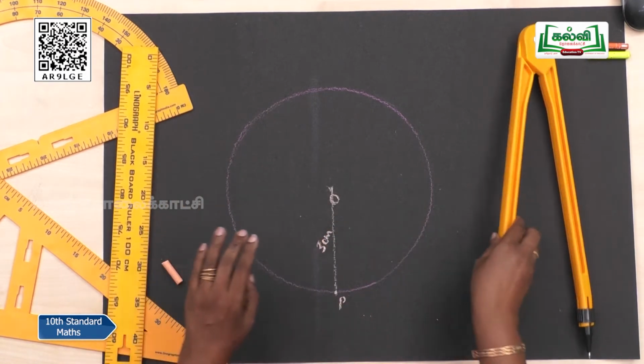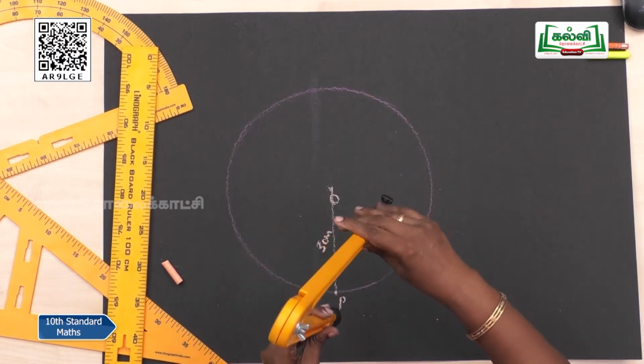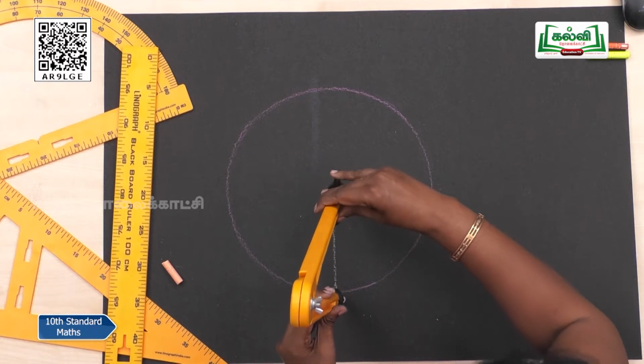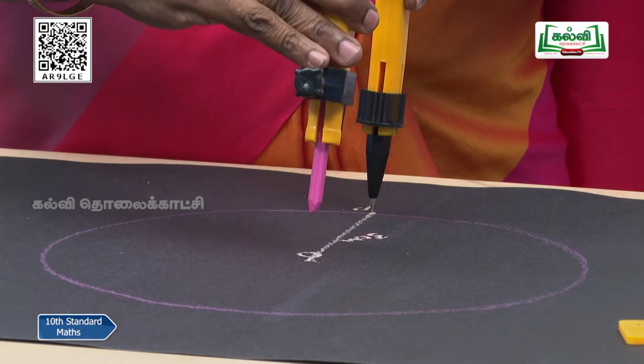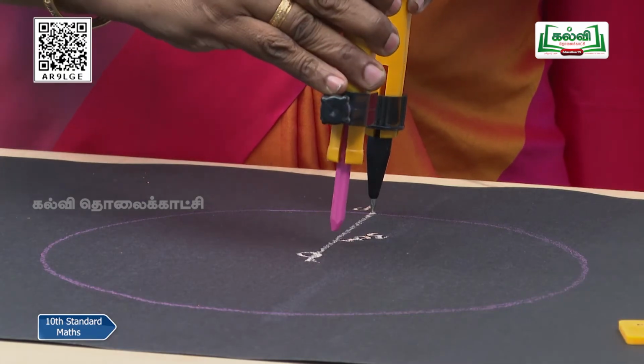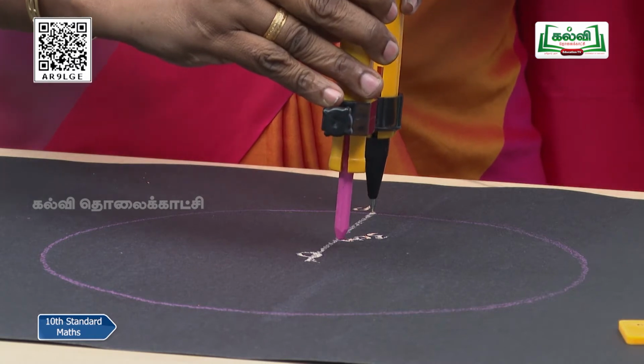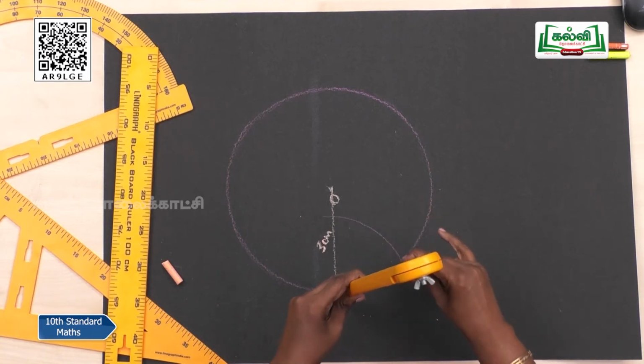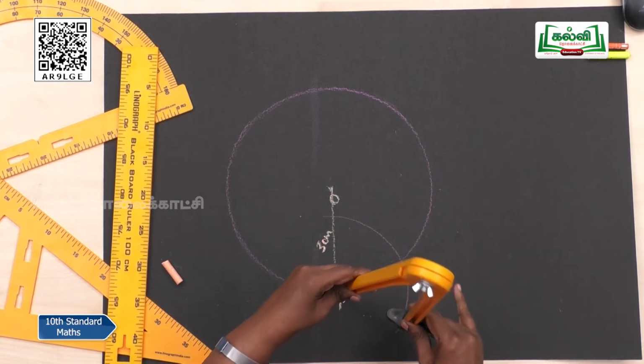Now, after this, take a compass of convenient radius. Convenient radius means it does not have any particular measurement, but we can use 3/4 of it also. Okay.